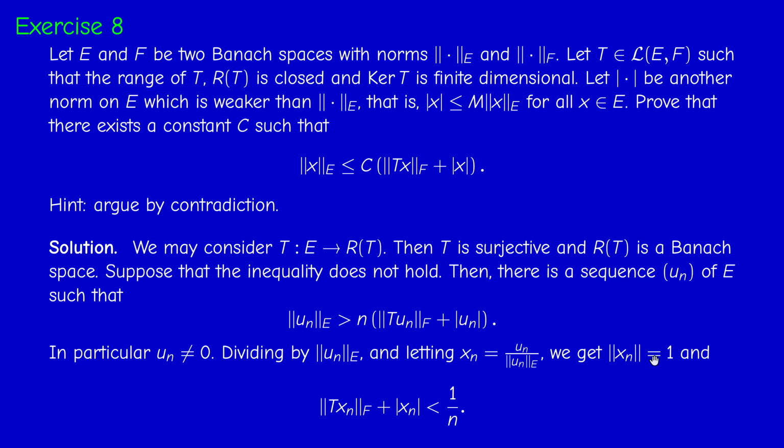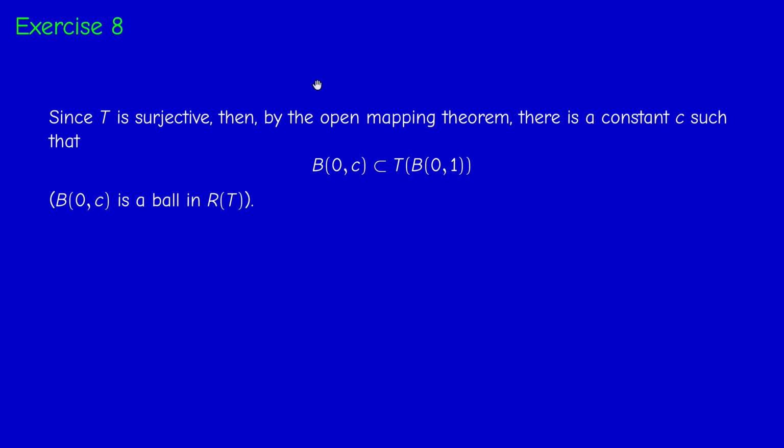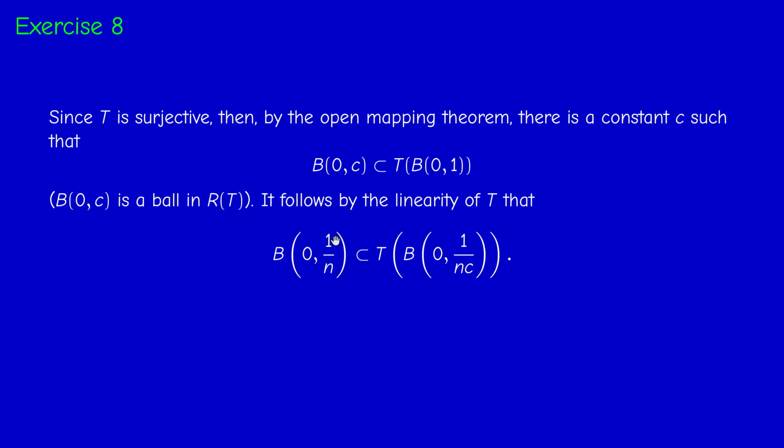Now, since T is surjective and we are working between Banach spaces, we can apply the open mapping theorem, which is equivalent to saying that the image under T of the open unit ball contains a ball of center 0. As you may check, by linearity of T and the standard operations on balls, if you take the homothety of ratio 1 over n, then the ratio here becomes 1 over n.